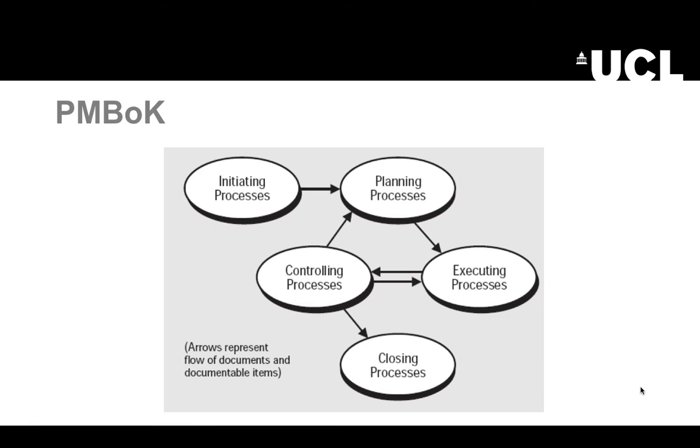5 are the process groups that PMBOK identified. We have the initiating processes, planning processes, controlling processes, executing processes, and closing processes. As you can see, they are pretty connected with the classical stages for the project lifecycle.